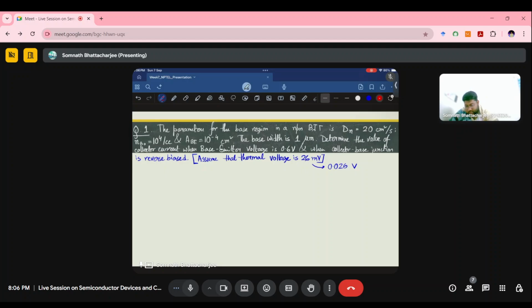Remembering the formulas is very tough, so I am just giving the formula.